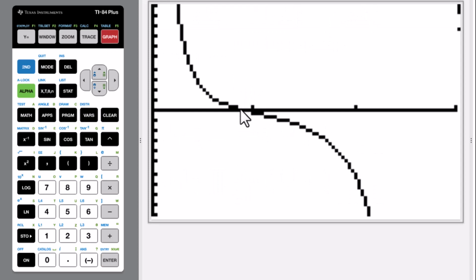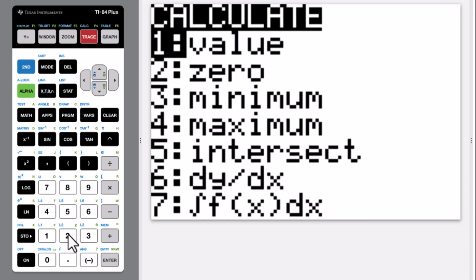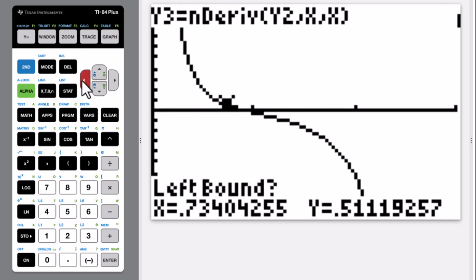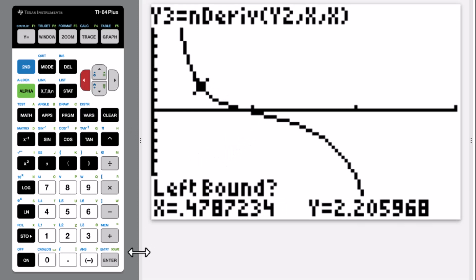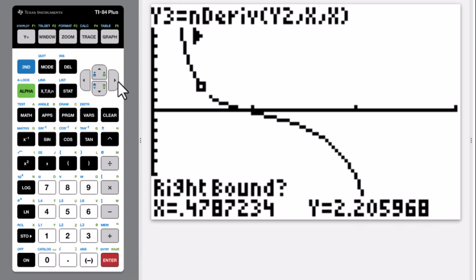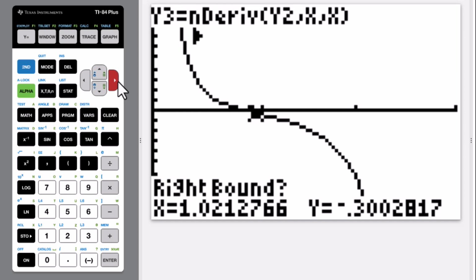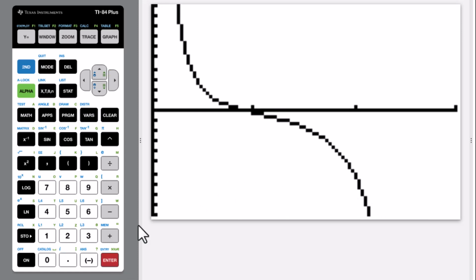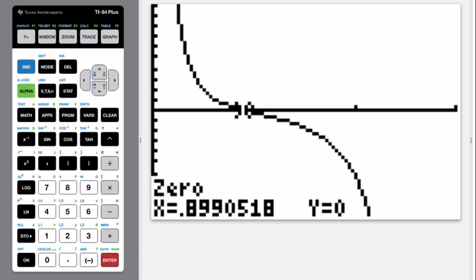We need to get this x-intercept, so second trace, 2. Move the cursor to the left side of this x-intercept, then enter. Move the cursor to the right side of this x-intercept, then enter. It's 0.899.